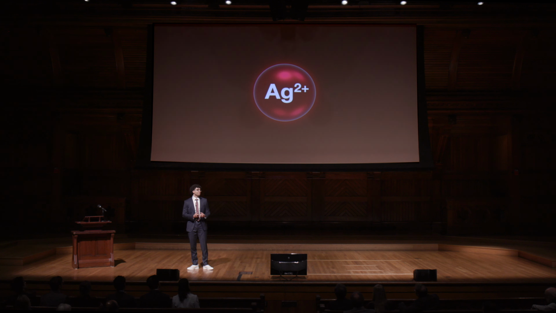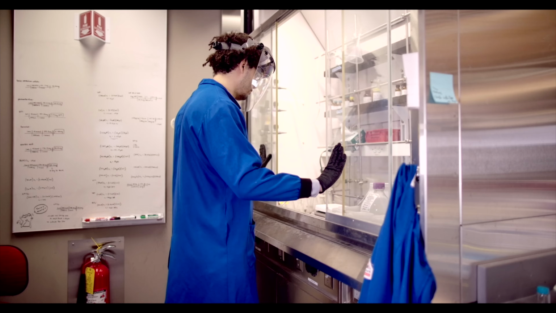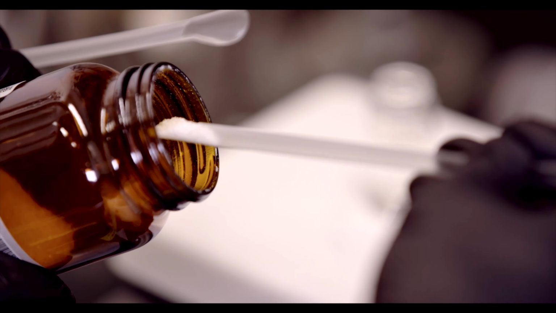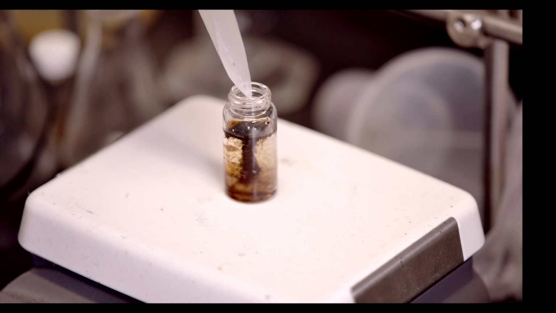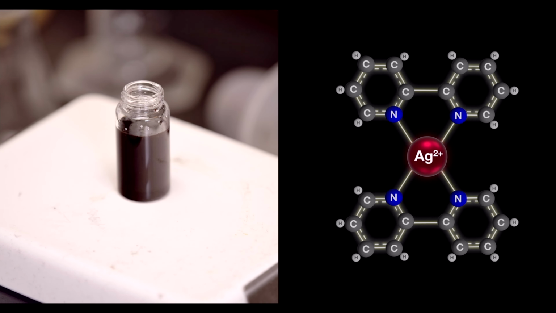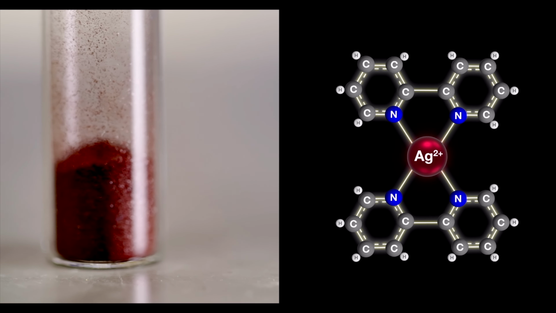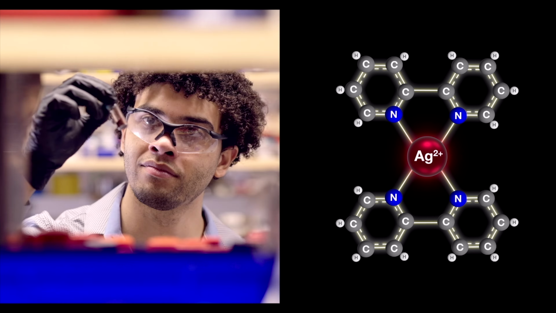And I seized it in the lab by devising a new synthetic strategy towards isolating large quantities of silver 2 compounds. I began by dissolving organic supporting molecules into a superacidic solution, followed by the addition of a special silver ingredient. The red color that forms is due to the generation of this compound, shown here, which I could isolate as a gorgeous red solid and hold in the palm of my gloved hand.